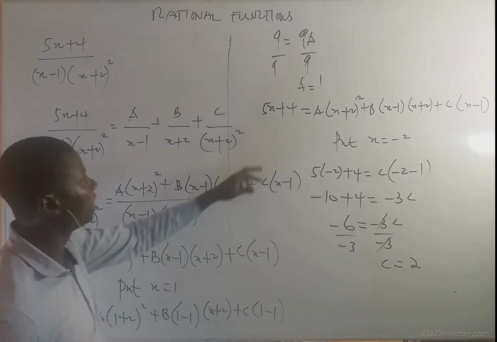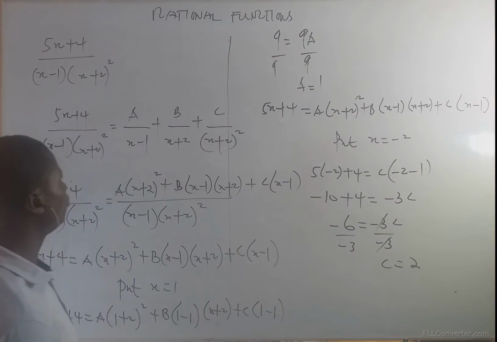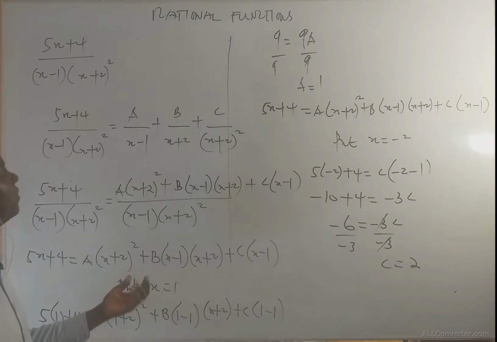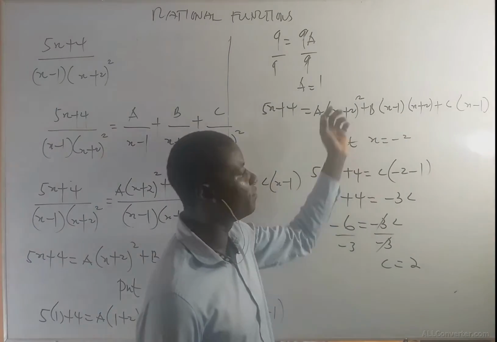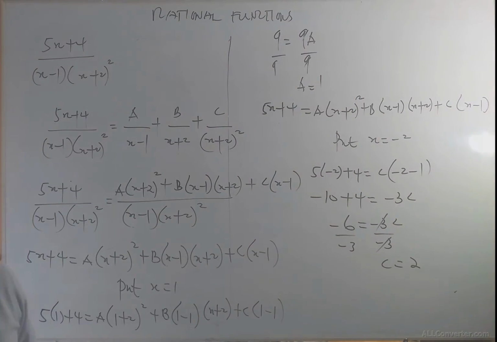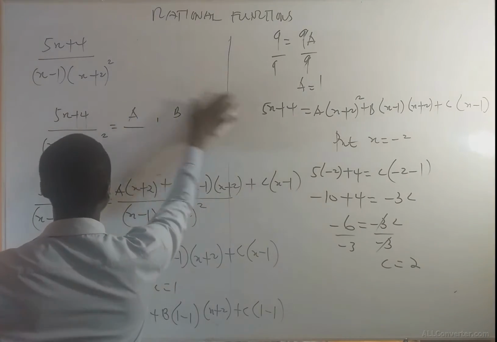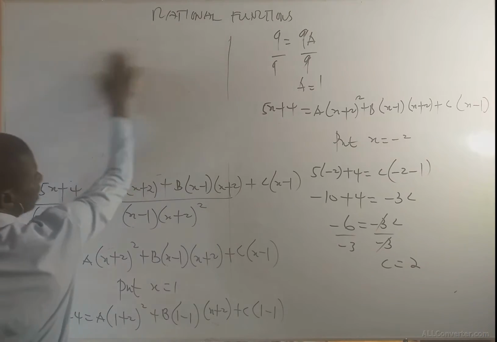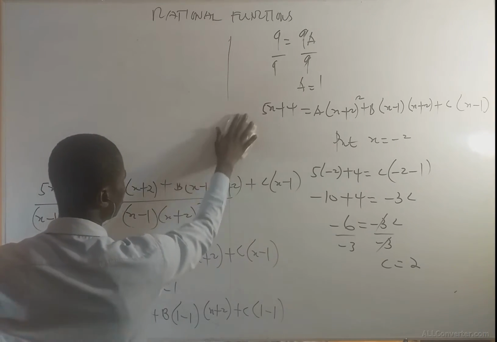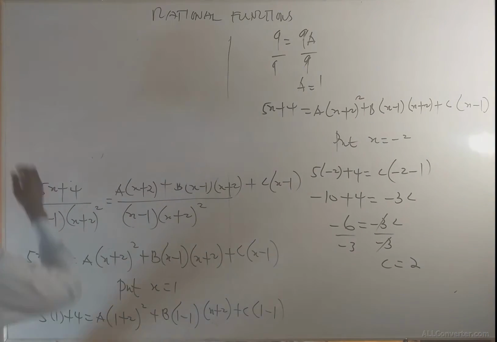Now we know the value of a to be equal to 1, the value of c to be equal to 2. So we write the same identity again. And when we write the same identity, we now put x to be equal to any value at all, so that we'll be able to find the other alphabet. Now we write the identity again.